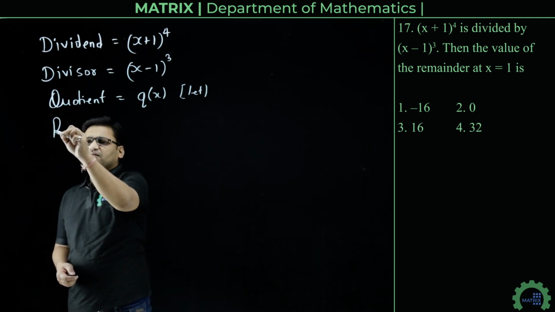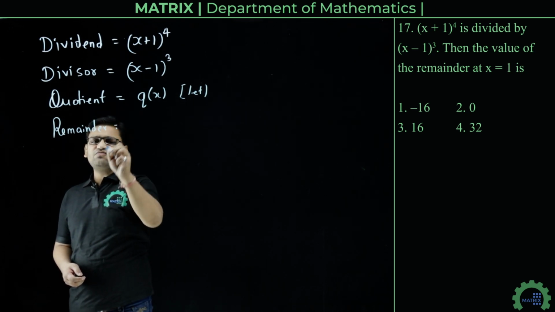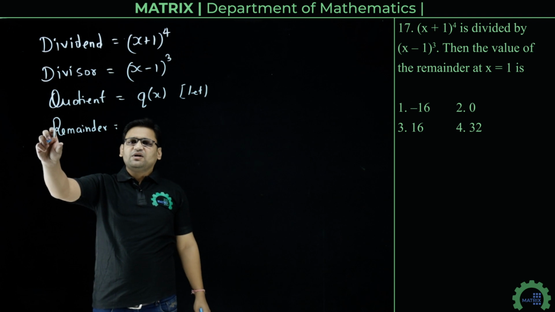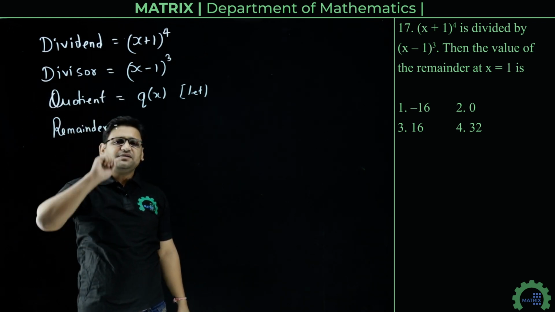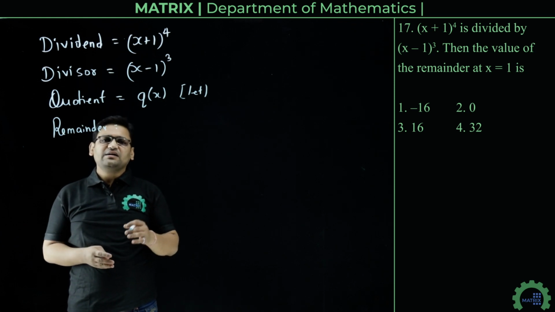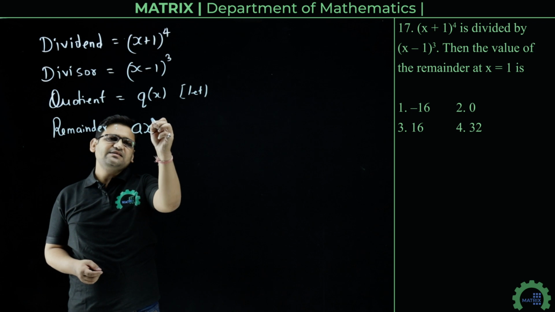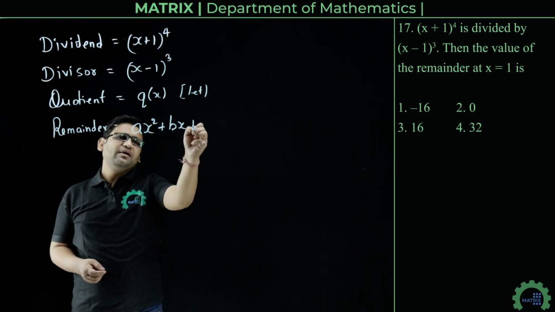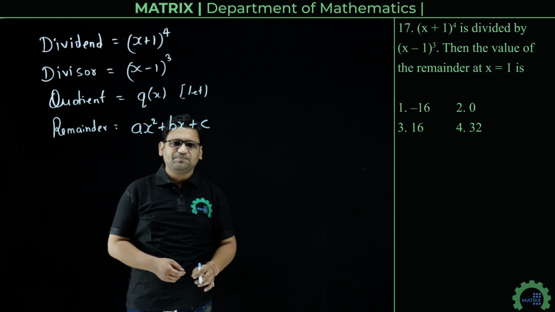And the remainder. Now we know that in case of polynomials, the degree of the remainder is less than the degree of the divisor. Here the degree of the divisor is 3, so the remainder is of degree less than 3. So we consider it as a degree 2 polynomial, that is, the remainder is ax square plus bx plus c.